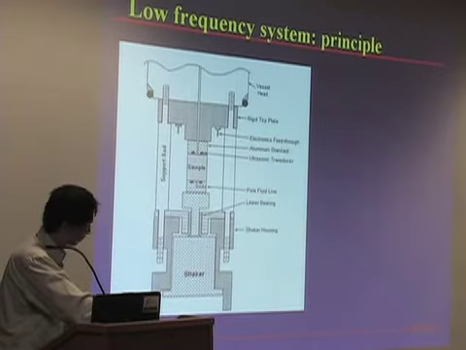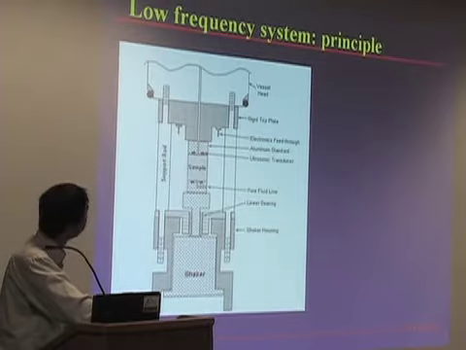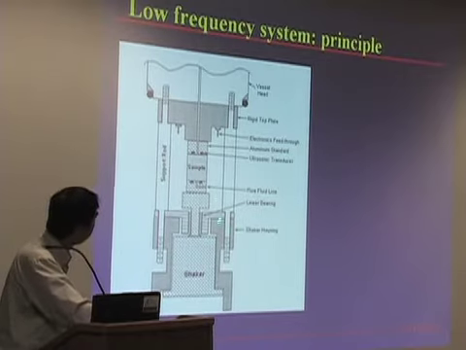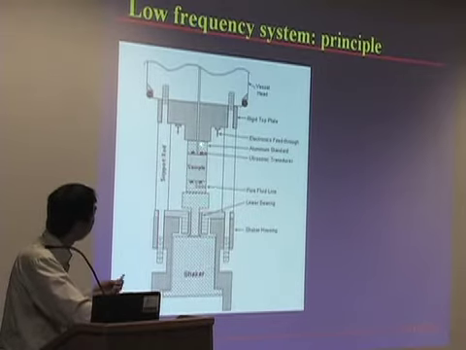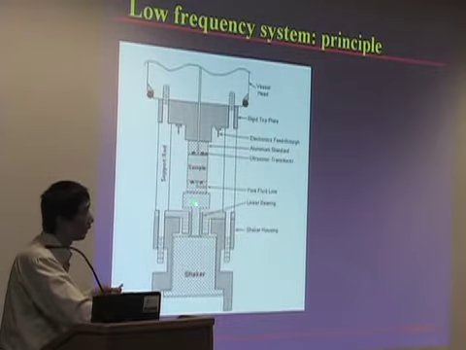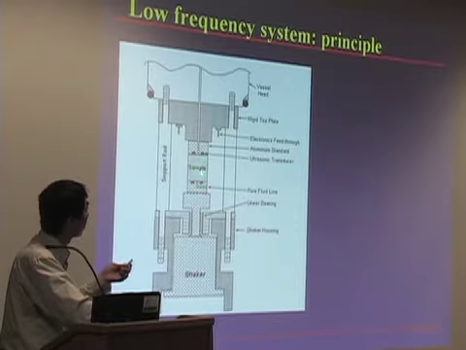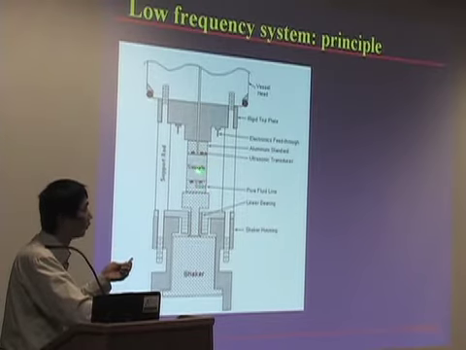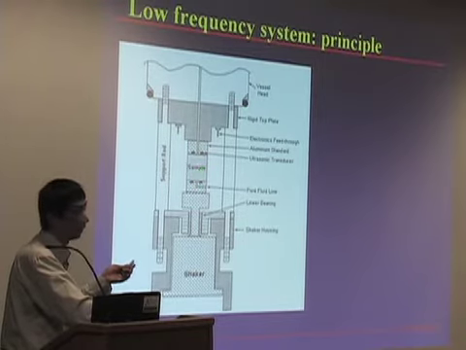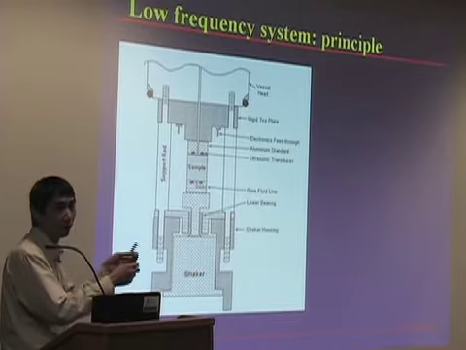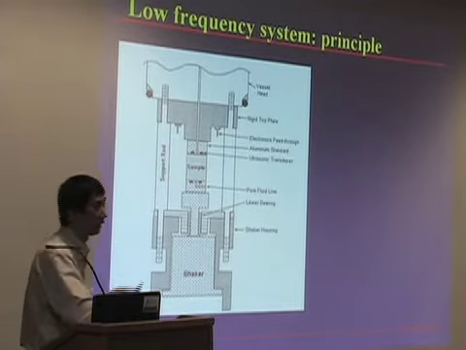We measure the elastic constant. We apply a sinusoidal stress field longitudinally to this sample column. Then we just measure the induced strain. Then using the stress-strain relationship, we can find out the elastic modulus.